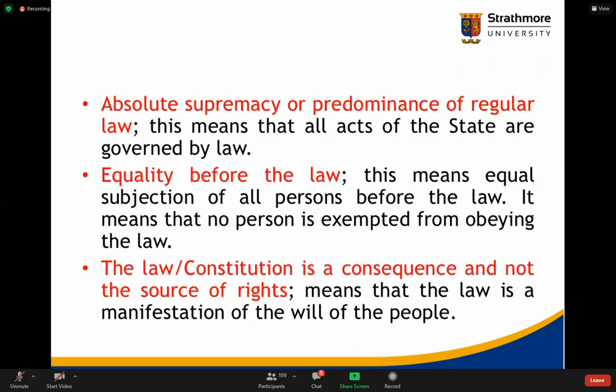Give us another example of the government failing to obey the law. Miguna. The court issued orders that Miguna was to be allowed within the country.